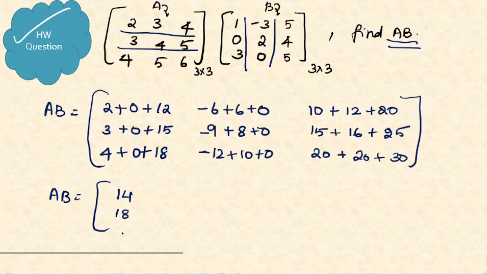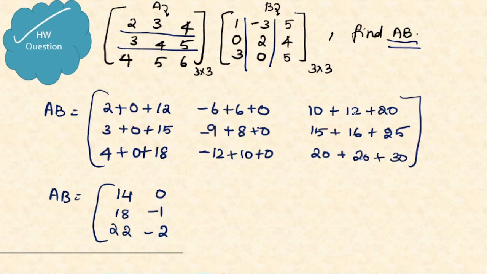Then minus 9 plus 8 is minus 1. Then minus 12 plus 10 is minus 2. Then 20 plus 10 is 30, 30 plus 10 is 40, 42. Then 20, 30, 40, then 50, then 56. Next 20, 20, 40, then 40 plus 30 is going to be 70. So that's all. This is your 3 by 3 matrix.